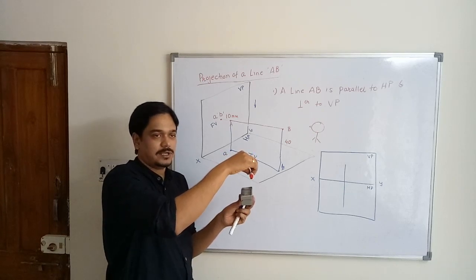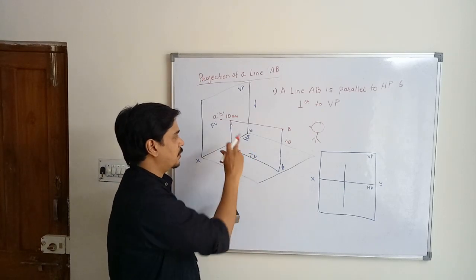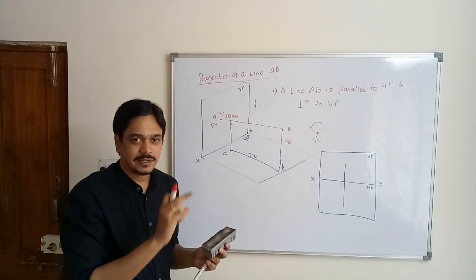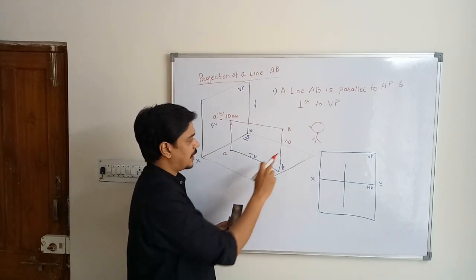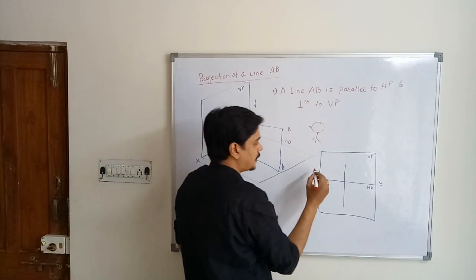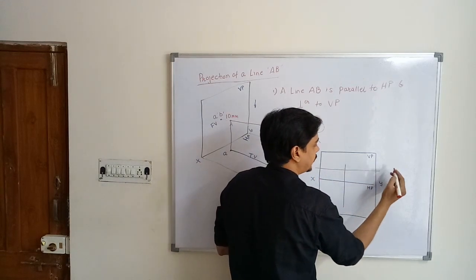This is the location of the line. So first you have to draw a horizontal line representing the height of the line. The height is 40, so I am drawing one horizontal line representing the height.